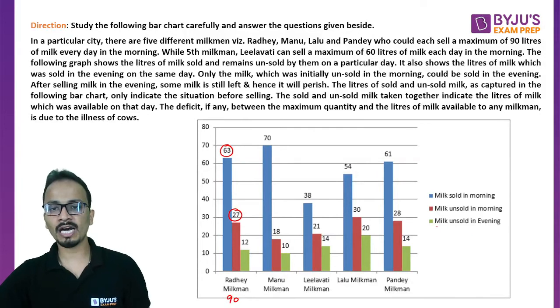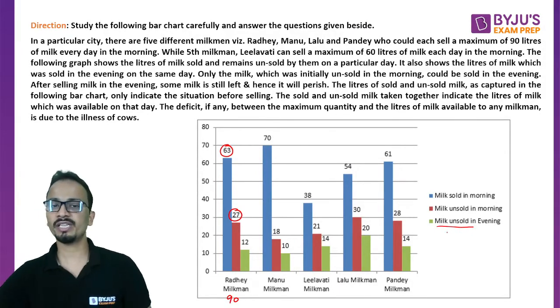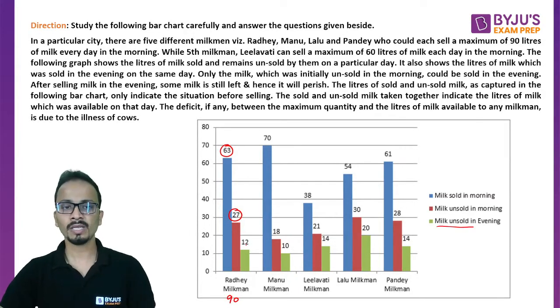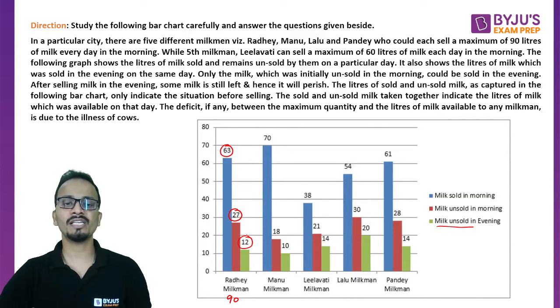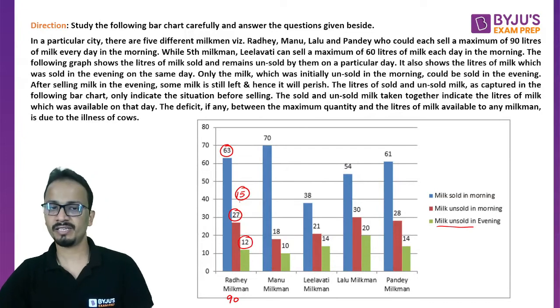According to the graph, green shows the milk unsold in the evening. So out of 27 liters of milk available for the evening, 12 liters is still unsold. So 27 minus 12, 15 liters of milk is sold by him in the evening.